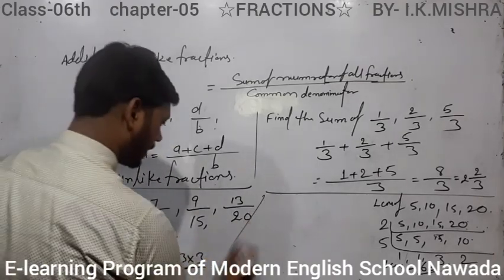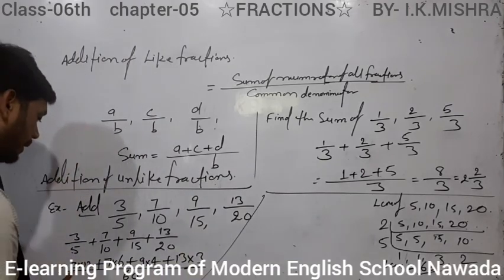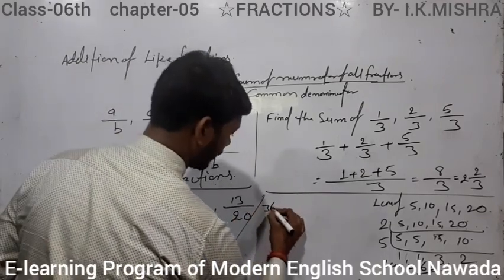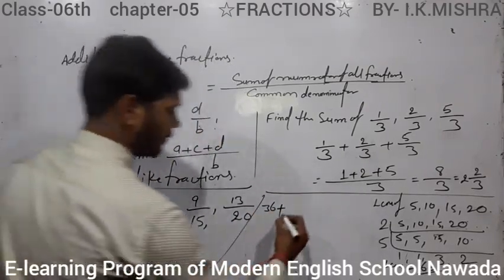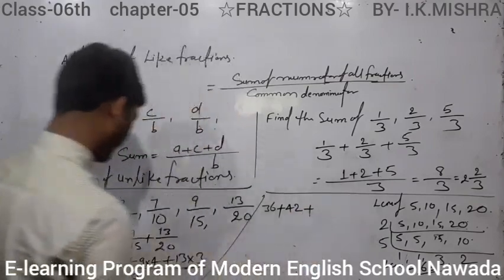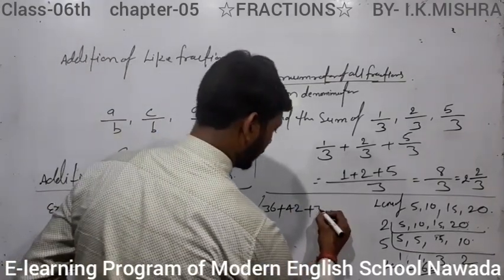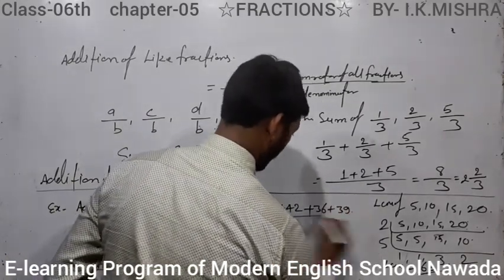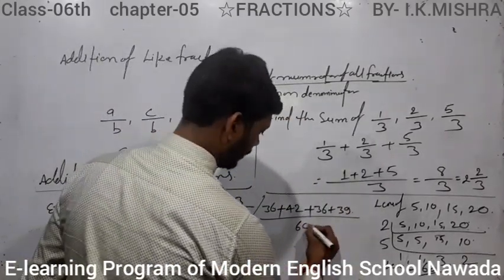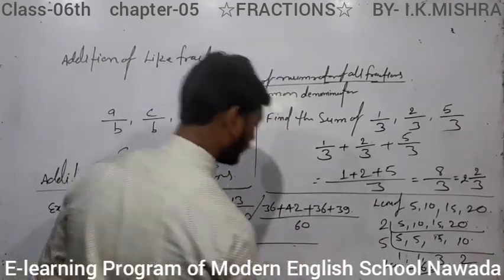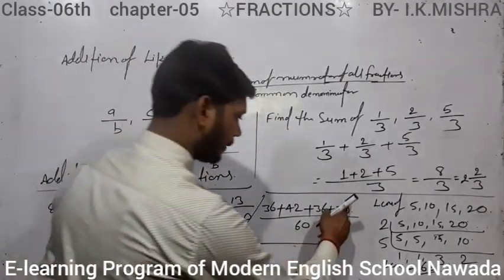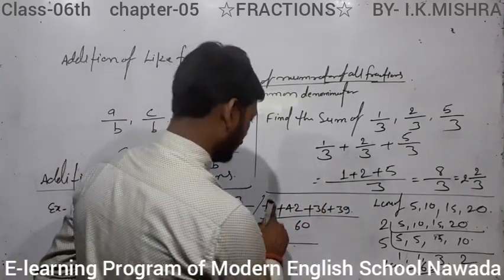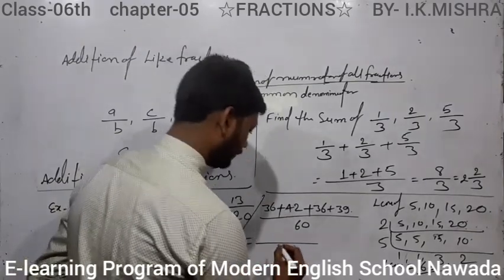After that write 12 into 3, 36, plus 42, plus 36, plus 39, upon 60, is equal to: adding 36 and 42 gives 78, and 36 plus 39 gives 75, total 153 upon 60.